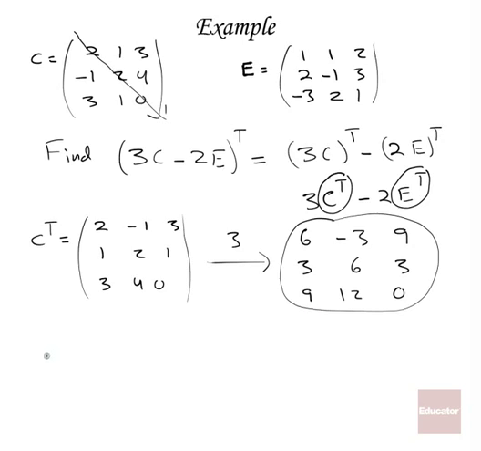So this is our 3C. And now if we take E transpose, we'll get 1, 2, negative 3. I've just taken the columns, switched them to rows. And I have 1, minus 1, 2. And I have 2, 3, 1. So I take the transpose. Now I multiply that by negative 2.